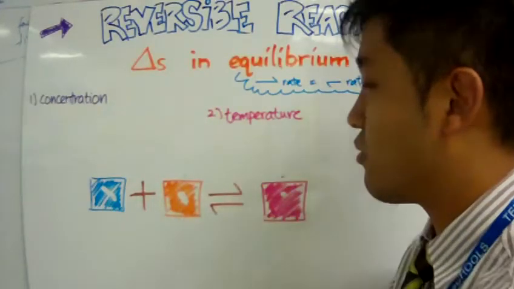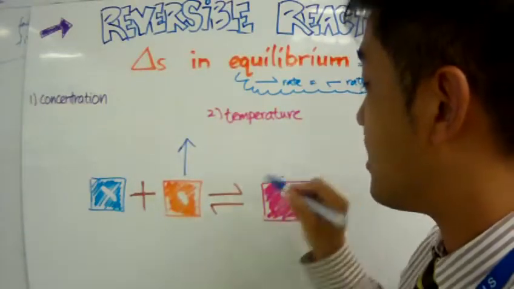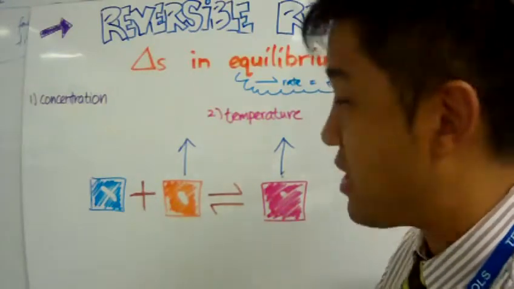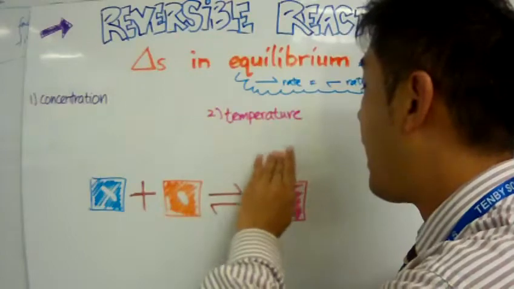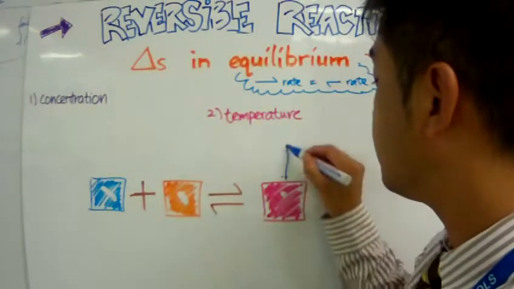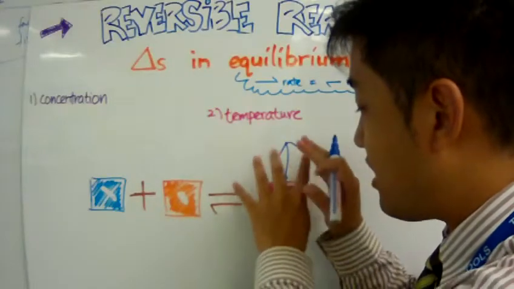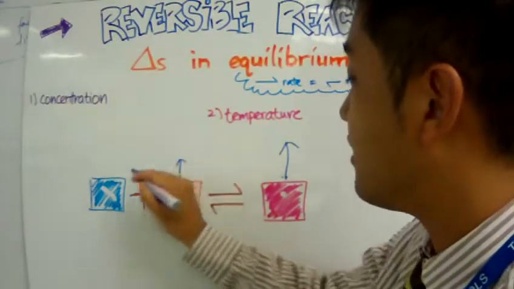So you're going to be asked, what happens when I add more orange? You're going to say, well, if I add more orange, I'm going to get more products. That's basically what you're going to say. What if I add more of this pink? What's going to happen? You're going to put stress into the system here, and it's going to alleviate it by making more of these.